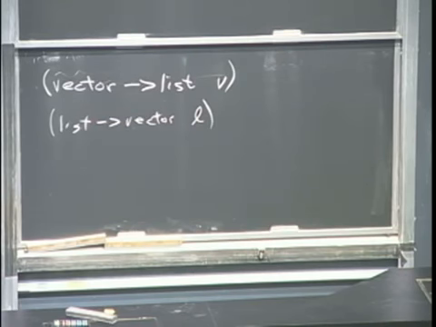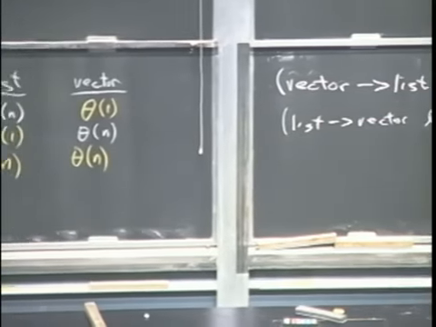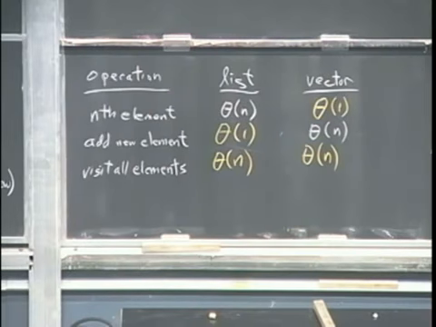You have to visit every element in order to do it. List to vector, you have to start by finding out how long the list is. So you're going to probably end up traversing the list twice. Whereas vector to list, you know how big the vector is, and it doesn't matter anyway, because you're going to cons one element at a time.